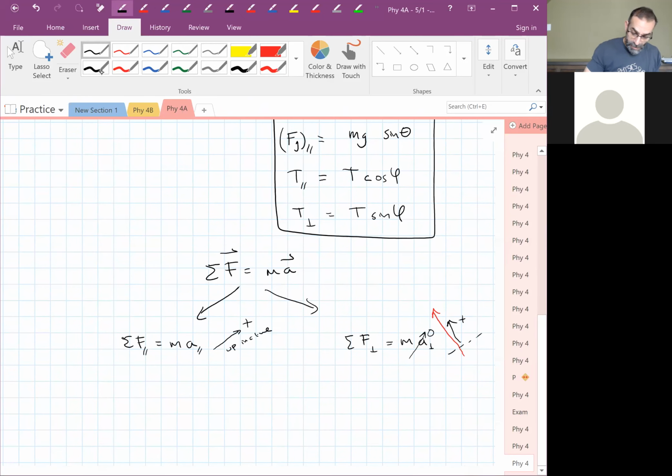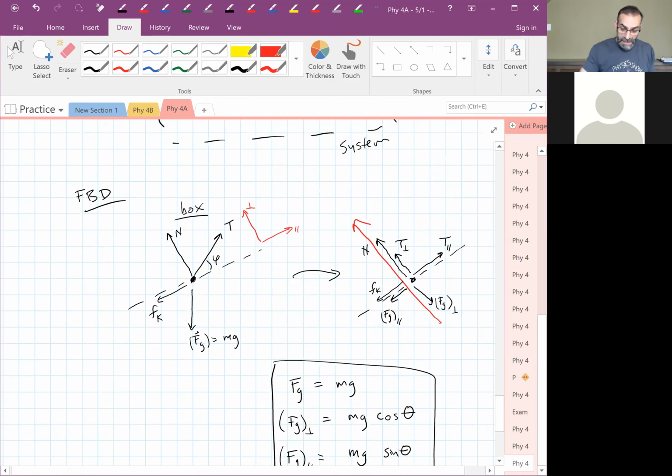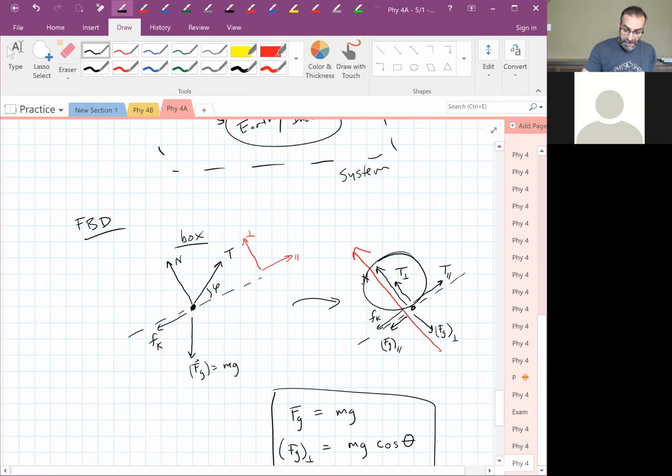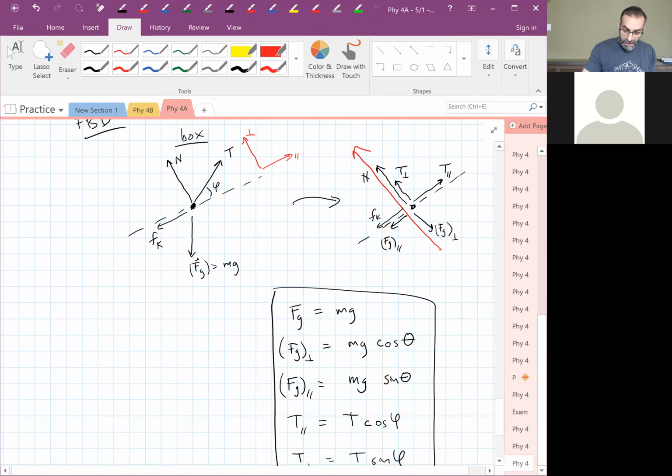Why are we doing this perpendicular direction? To find the normal force. So normal force and T perpendicular point in my positive direction. You can see those right there, right? And in my negative direction, I've got F sub g perpendicular.